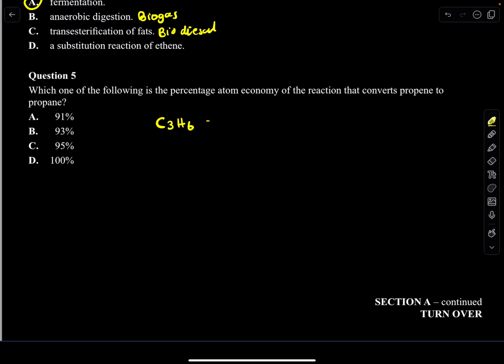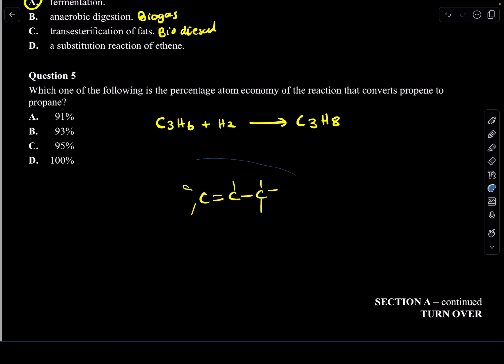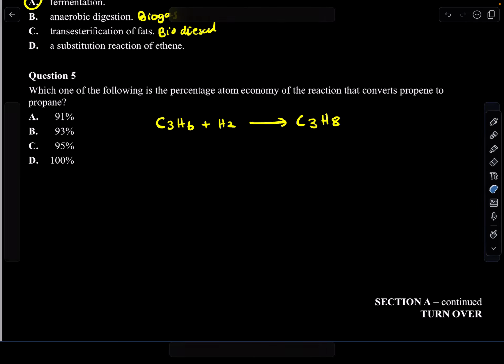That actually reacts with hydrogen gas, of course, because if you react it with hydrogen gas, those double bonds break, and hence it will become propane, which is C3H8. If I'm not mistaken, is that right? Let's check. You got that, and that. So 1, 2, 3, 4, 5. Beautiful, that works.